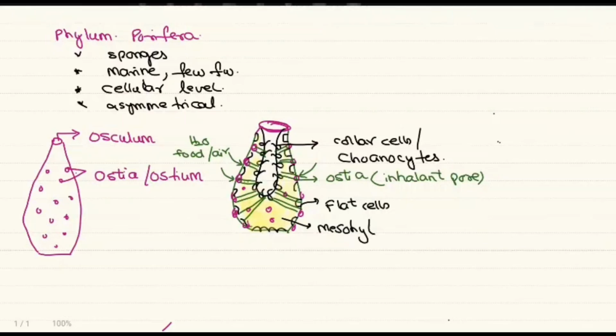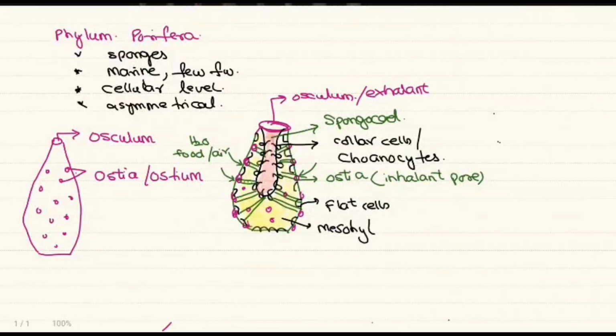So from ostia, the food slowly enters into a bigger cavity, and this is a central bigger cavity which is lined by choanocytes. Now this bigger cavity is called spongocoel. The cavity of sponges is called the spongocoel. The spongocoel opens by a larger opening called the osculum. Osculum is the exhalent pore from where the substances will move out.